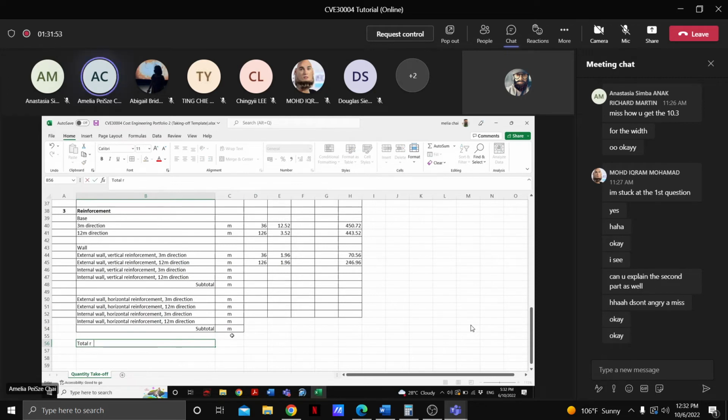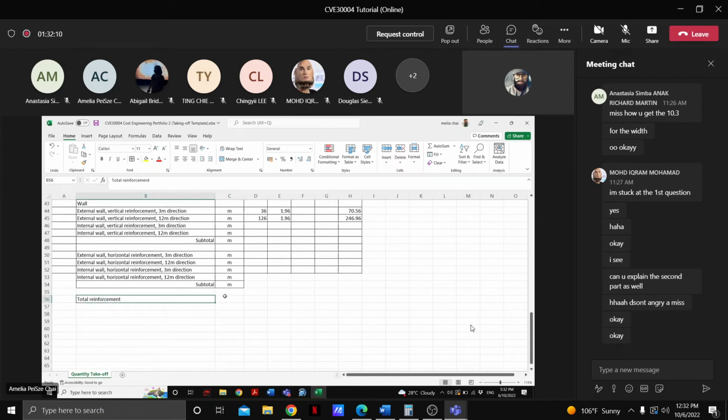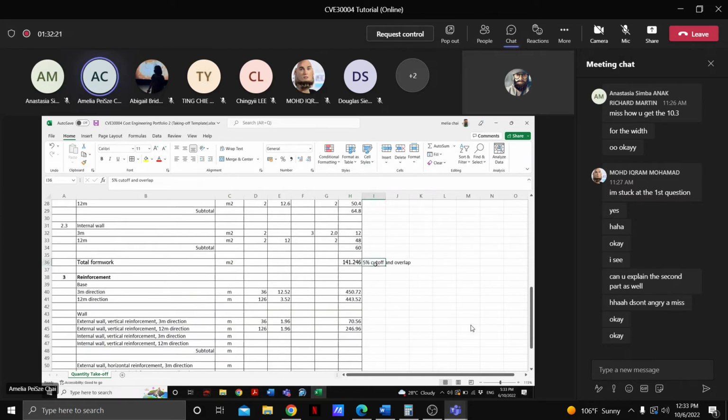Reinforcement, in meters, then you convert to kg. Total is how much here? Add in your 5% cut off here.